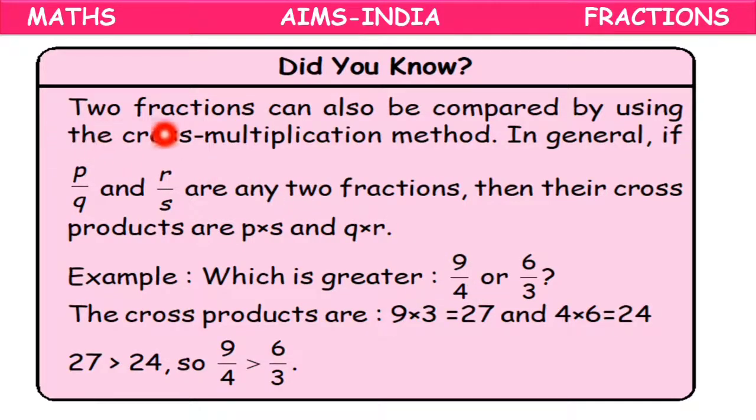Did you know that two fractions can also be compared by using the cross multiplication method? In general, if p by q and r by s are any two fractions, then their cross products are p into s and q into r. Which is greater?